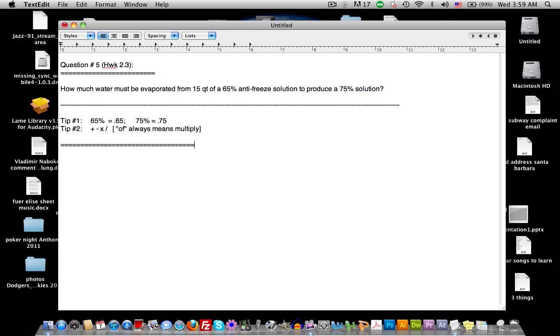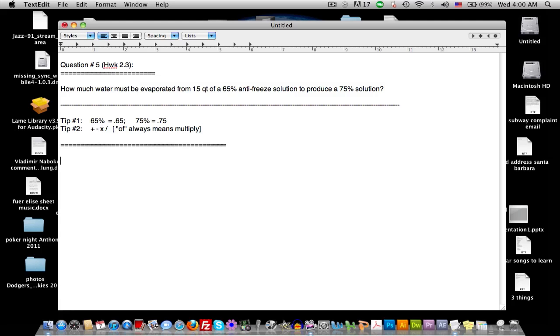Now, solving for the actual problem. Basically what's going on here is they have a total amount of liquid, let's say in a bottle. And in this bottle, the total amount of liquid makes up 15 quarts. 65% of the total 15 quarts is antifreeze, right? Let's actually figure out how much in quarts that is.